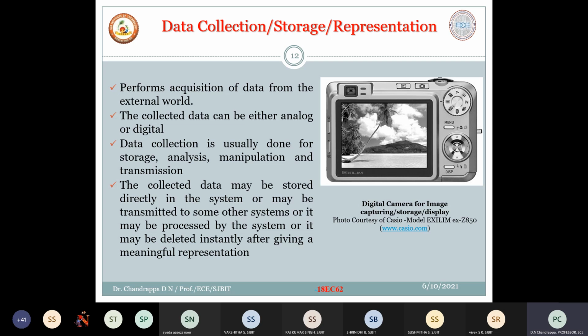We can find f of 5 comma 3, fifth row, third column. You can select that pixel. If that pixel is not clear, or is blurred, you can select and improve only that particular pixel. It is not required to enhance the full image. You can enhance only the specified pixels. That is called spatial image enhancement.